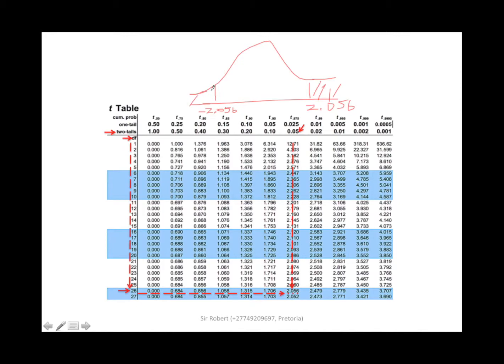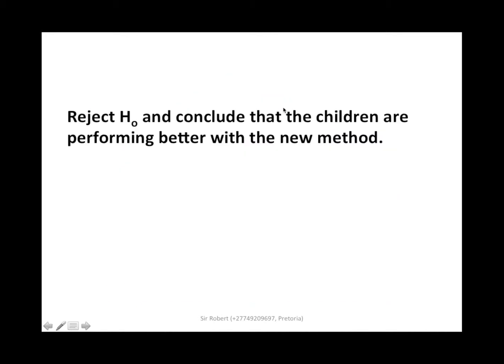It will help you to completely visualize what you're doing. So minus 7 point something is way beyond this. So it's somewhere here. So it means we reject, because this is minus. So that's why we are concluding reject H0 and conclude that the children are performing better with the new method.